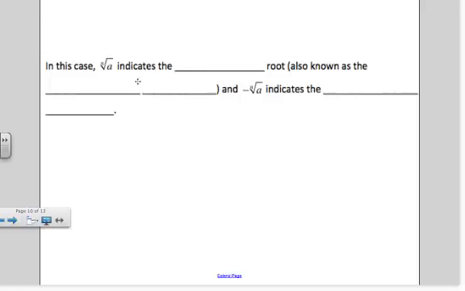So in this case, this is the positive root, or also known as the principal root. And this indicates the negative root. Okay?